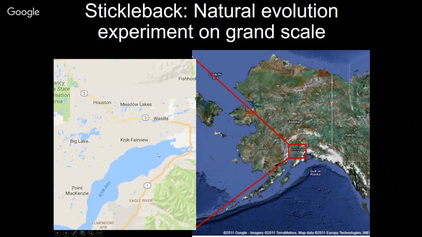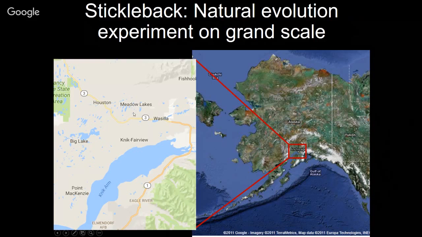Stickleback from the ocean have either been established in these bodies of water recently, sometimes as early as 5 or 6 years ago, or became isolated in these bodies of water as glaciers receded. For example, these are some nice chains of lakes that were formed when glaciers receded.